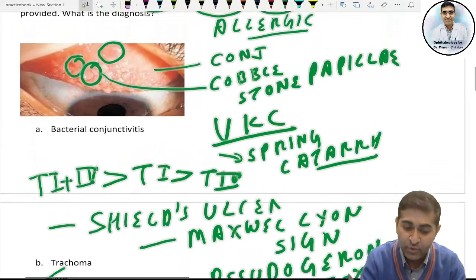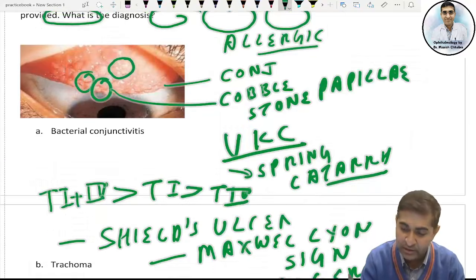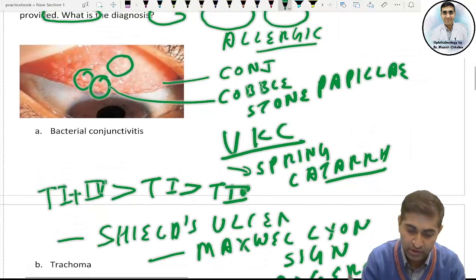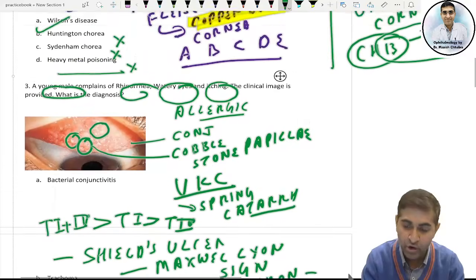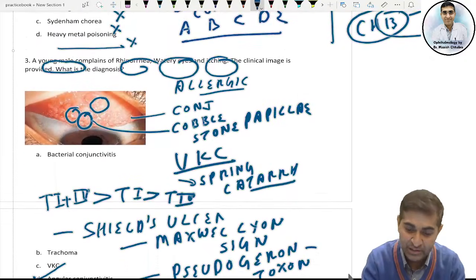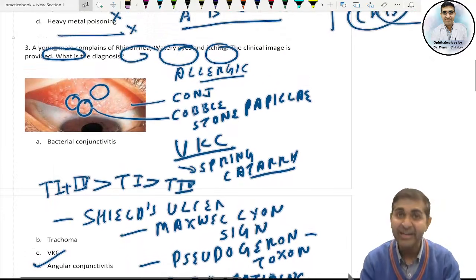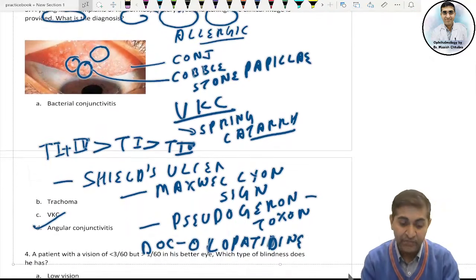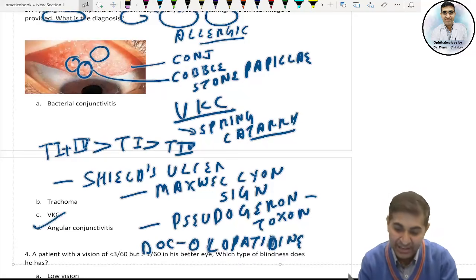If you can appreciate, these are papillae, of course not conjunctivitis, because in conjunctivitis you are going to see what? You are going to see follicles, isn't it? And of course in trachoma, you are going to see follicles. And in angular conjunctivitis, again you are going to see follicles.